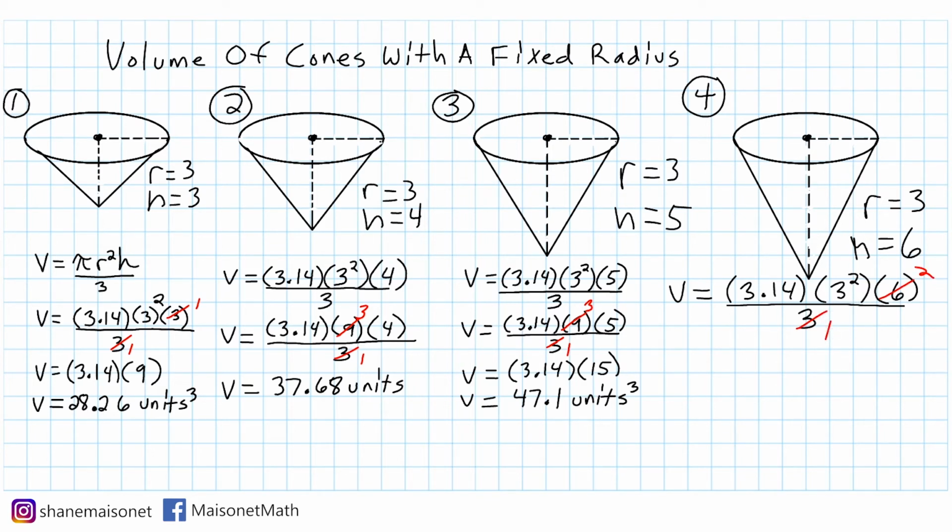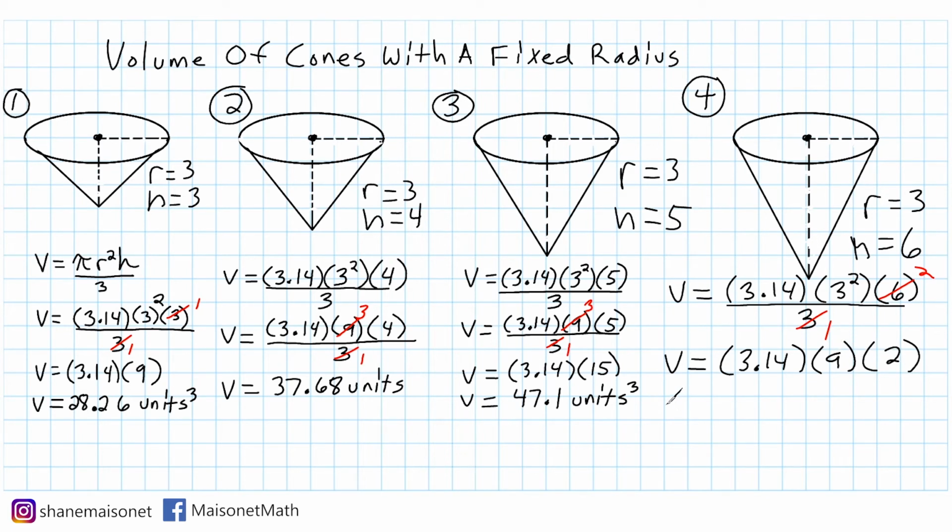All right. Now we can proceed to the next step, which is volume equals 3.14 times 9 times 2. Okay. Now we have 2 times 9 at the end, so we can just say that that's 18.